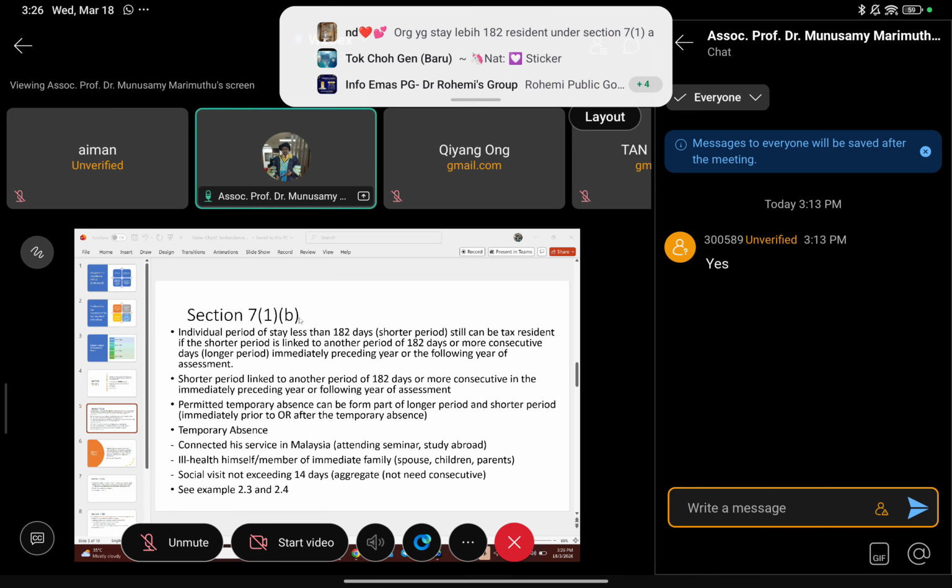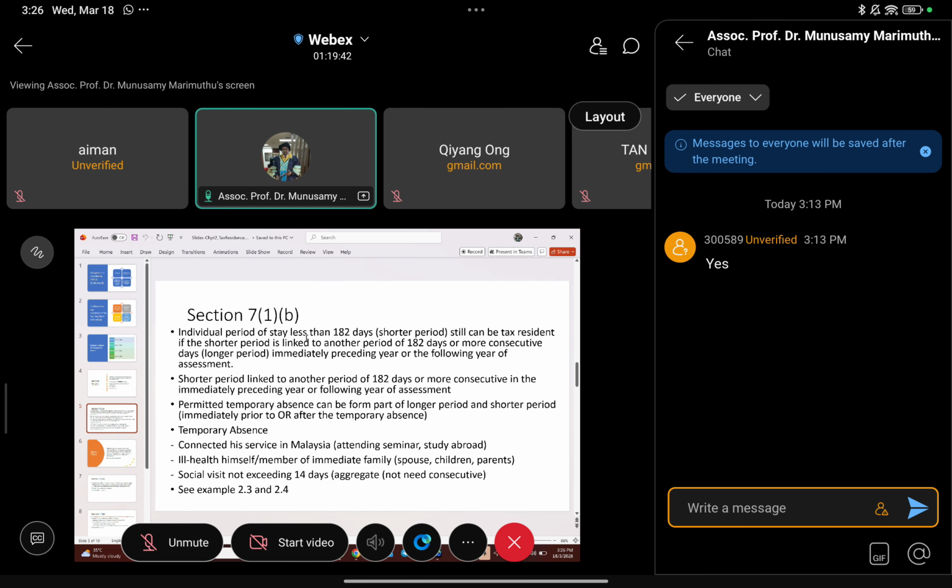By year, okay, look. In the year in question, an individual's period of stay is less than 182. So if we stay in Malaysia for less than 182 days, we call this the shorter period. Still can be a tax resident.